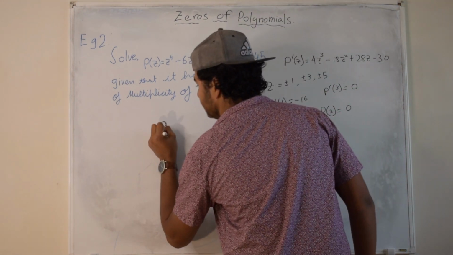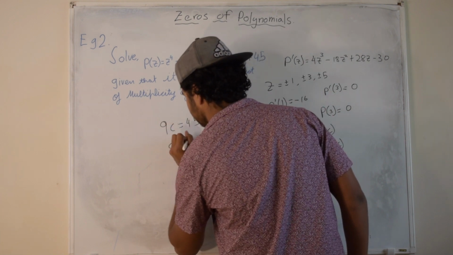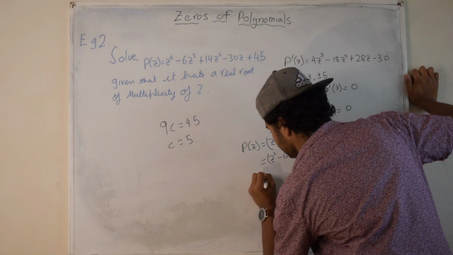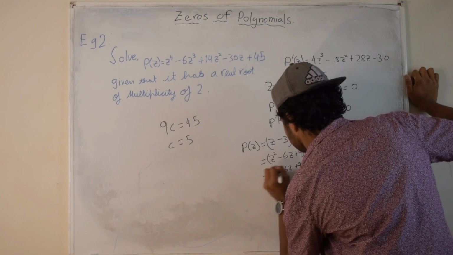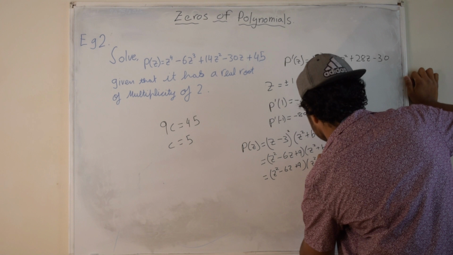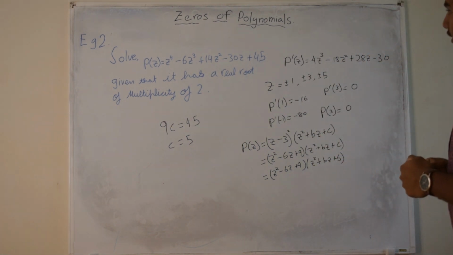So 9c equals 45, c then equals 5. We figured out the value of c, write it down: z squared minus 6z plus 9, times z squared plus bz plus 5.